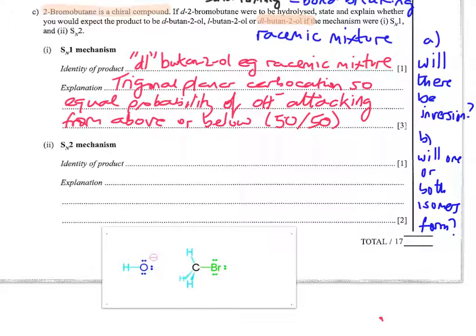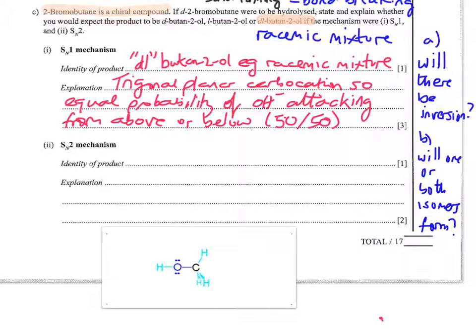So I know technically that the example I've got at the bottom is not 2-bromobutane, but if you imagine that one of the H's is a CH3 and another one of the H's is a C2H5, I'm sure you can try and follow it in your mind. So this must mean that the identity of the product is the inverted version.